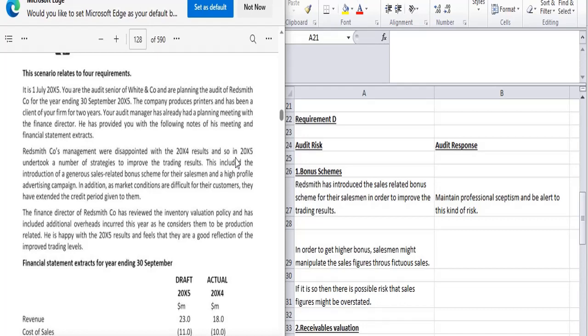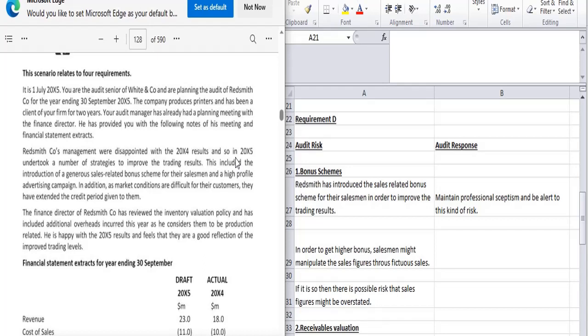The company produces printers and has been a client of your firm for 2 years. Be sure whether it is a new client or an existing client. If it is new, then there will be a separate audit risk for that. But in our case, Redsmith has been our client for 2 years, so it is our existing client.